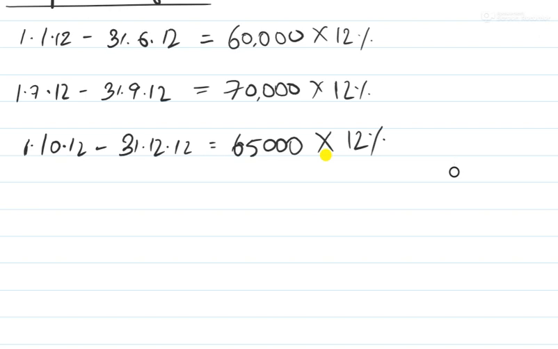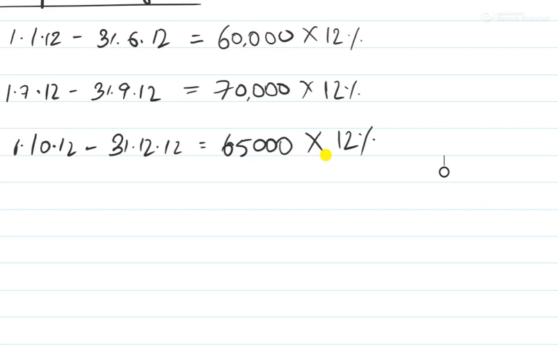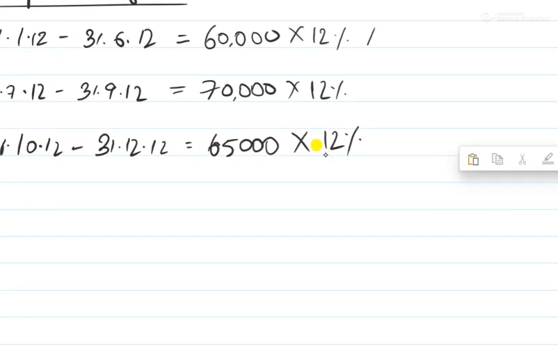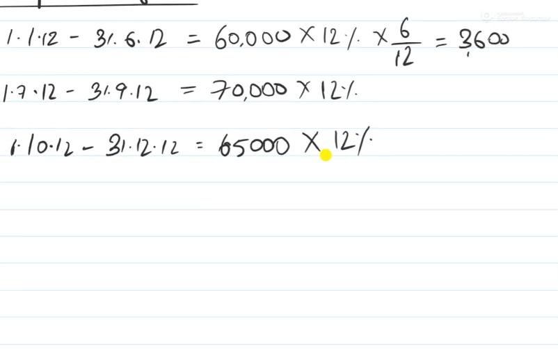His capital was 60,000, so interest will be given on 60,000 only for 6 months. Means 6 by 12. Correct? So 60,000, 12%, divided by 2, is 3,600.